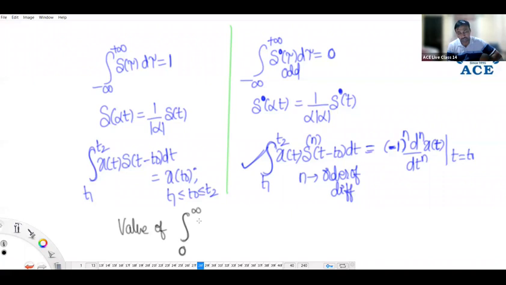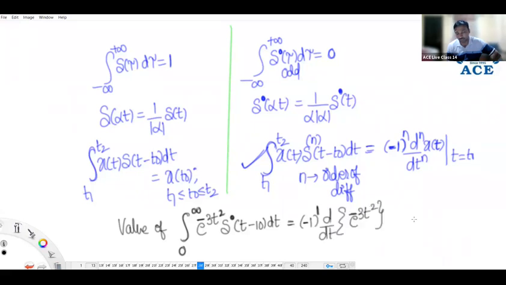What is the value of this integral, which is linked to doublet? Because it is the first derivative, minus 1 whole power 1 d by dt of that Gaussian function observed at the shift. Directly using this property, minus 1 whole power 1 d by dt of e power minus 3t square observed at t equals 10.